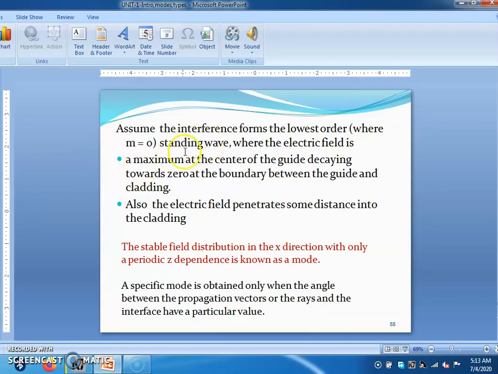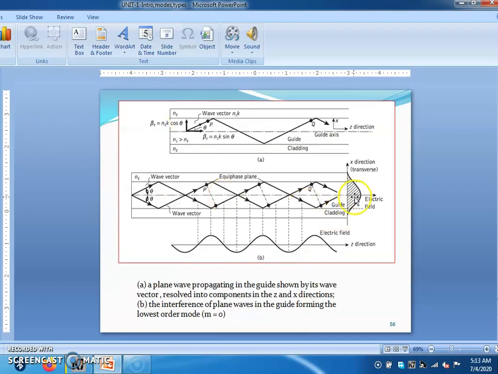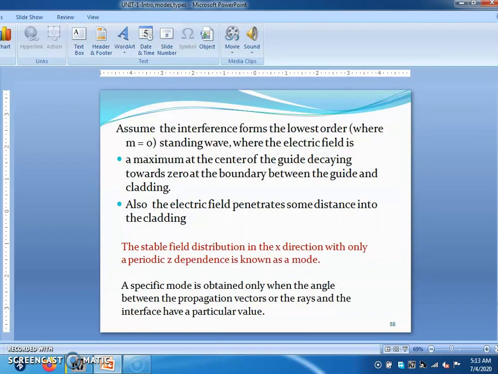Now, what about the electric field? It is maximum at the center of the guide. It is gradually decreasing towards zero at the boundary between the guide and cladding. But it also penetrates not only inside the core, inside the cladding also some portion of the field is present. The field is penetrating inside the cladding also.